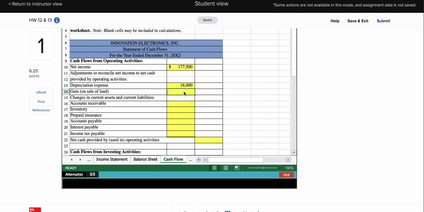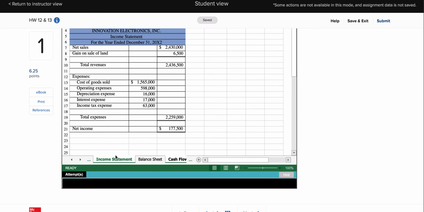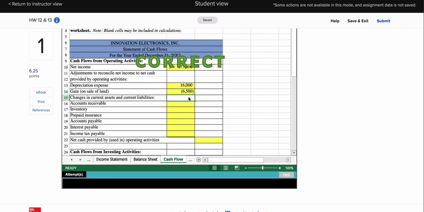If you remember the cash flow statement, in going from where we find this on the income statement to the cash flow statement, if it's a gain, I'm going to subtract it. If this happened to be a loss on your particular version of this problem, then you would add it back. So I'm going to go negative, go to the income statement, the gain on the sale of the land, and there's my answer there.